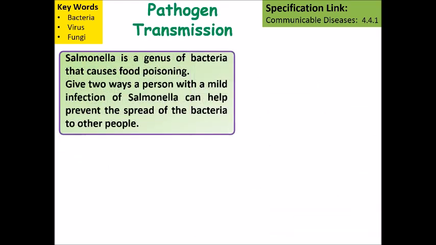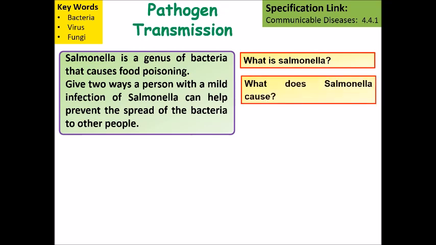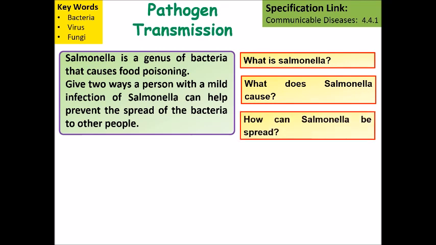The next question is that Salmonella is a genus of bacteria which causes food poisoning. Giving advice to people with a mild infection of Salmonella can prevent the spread of the bacteria from person to person. So things for you to think about are what is Salmonella, what does Salmonella cause, and how can Salmonella be spread. Pause the video, then check the answer.